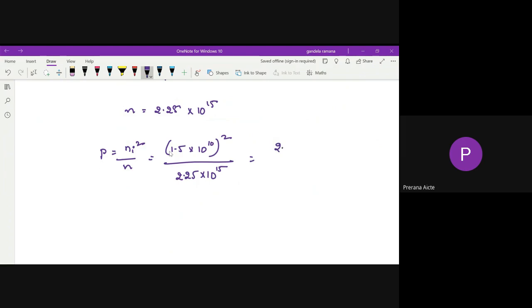The square of that is 2.25 × 10^20, divided by 2.25 × 10^15 per cm³. So 2.25 gets cancelled, and 10^20 divided by 10^15 gives 10^5 per cm³.